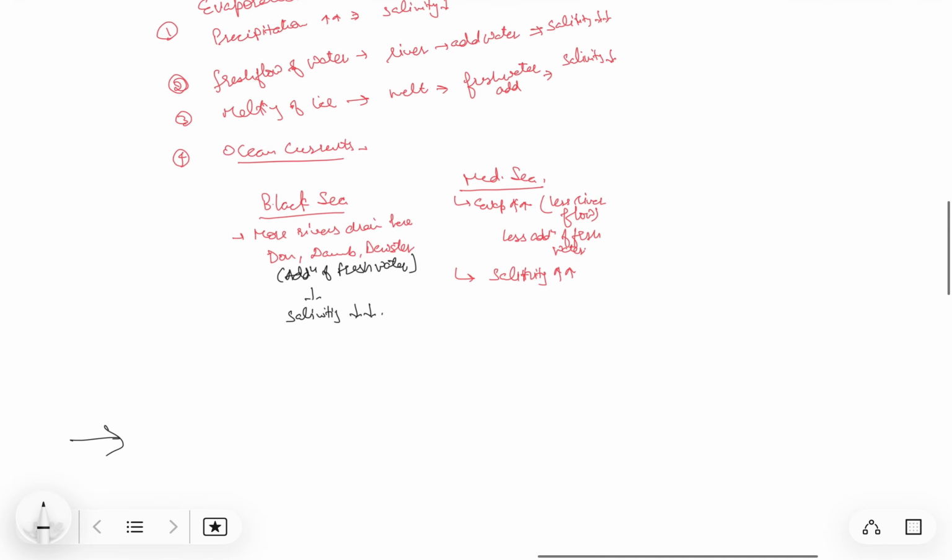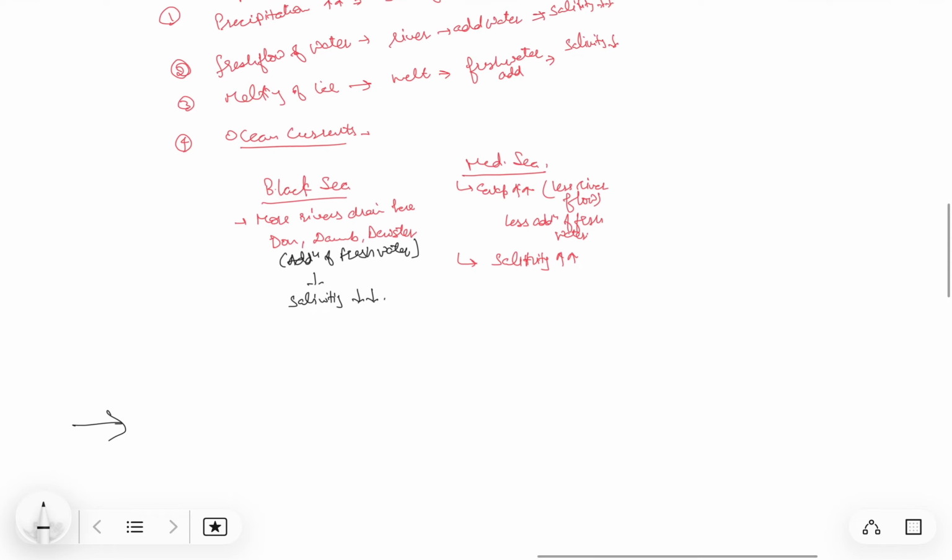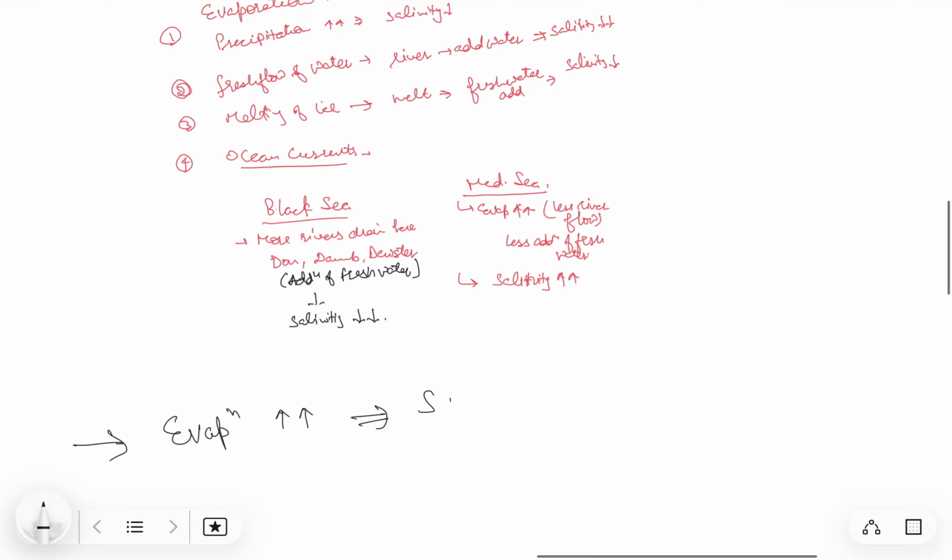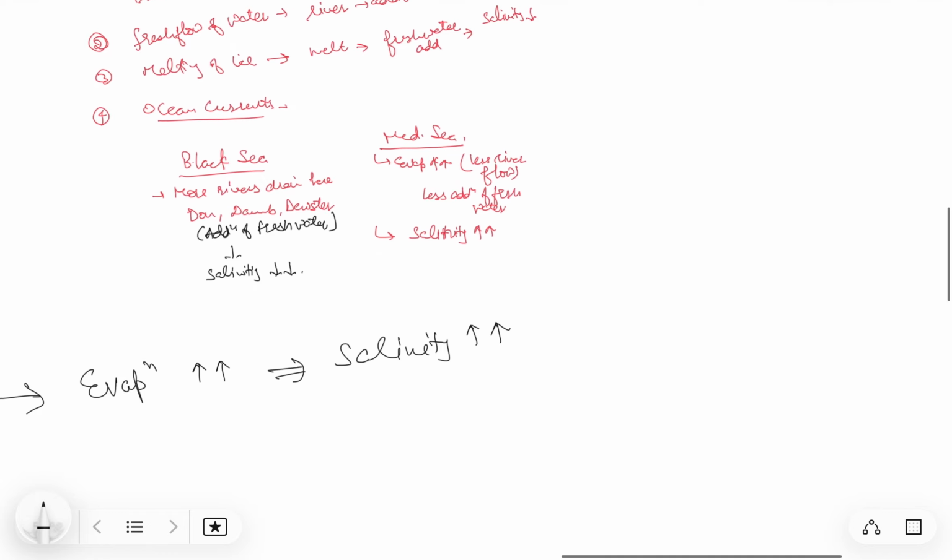So how the salinity of the water gets affected: if evaporation is more, salinity will be more.